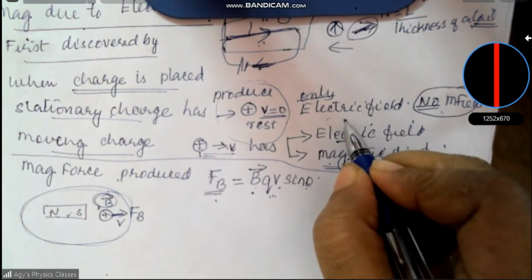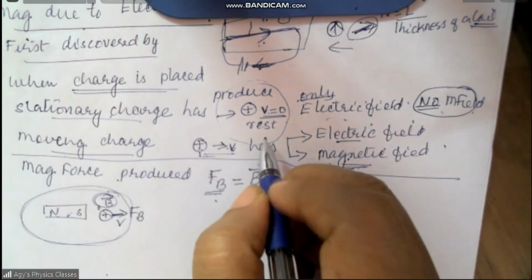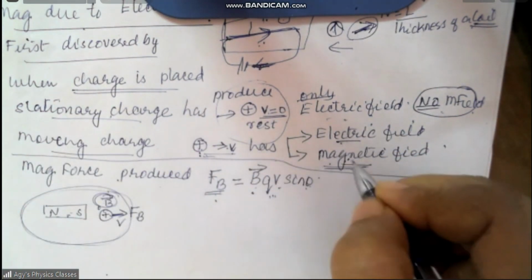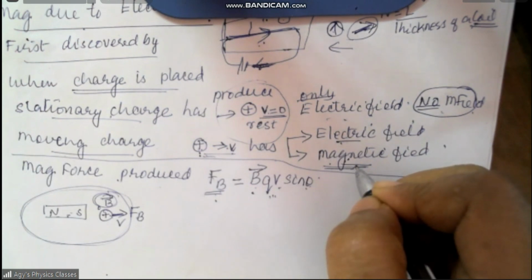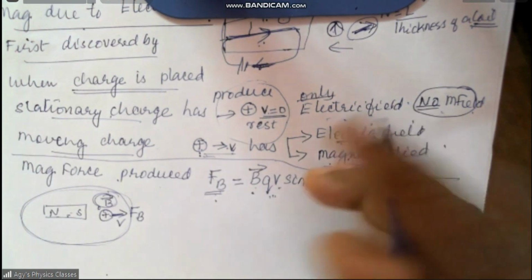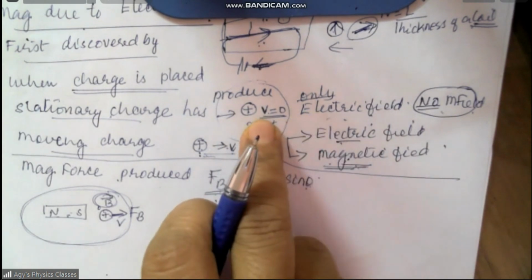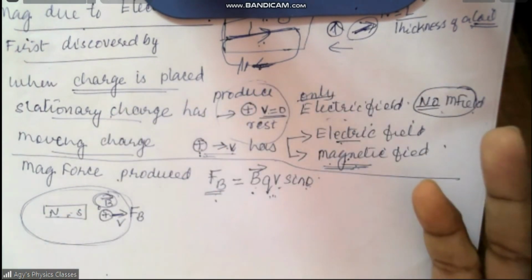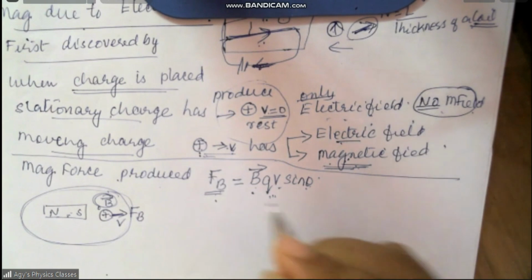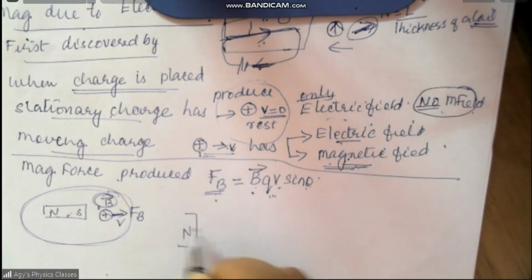A stationary charge has only an electric field, but a moving charge can produce an electric field as well as a magnetic field. Now, if you place this charge in another magnetic field, for example, assume this is a north pole and this is a south pole, and you place the charge at rest, nothing will happen.